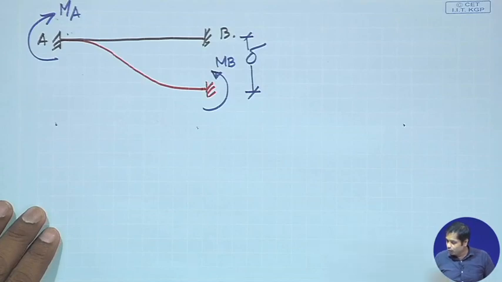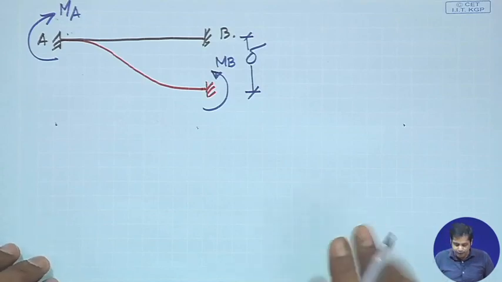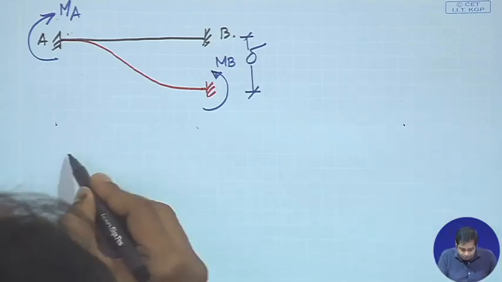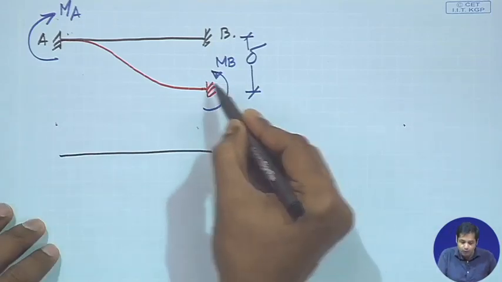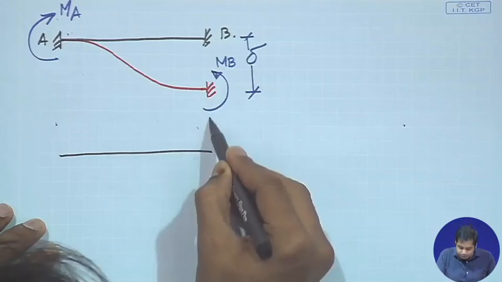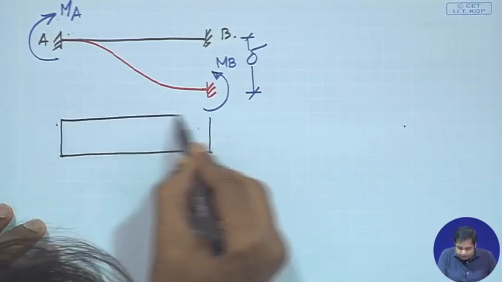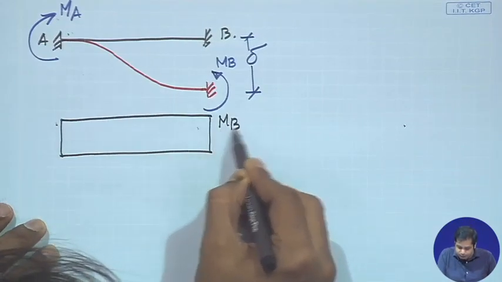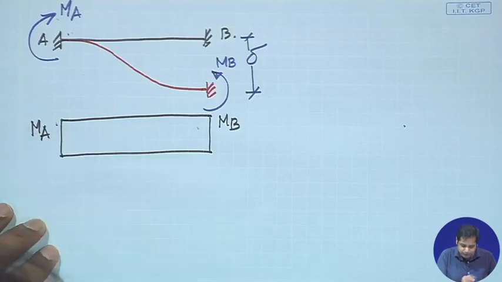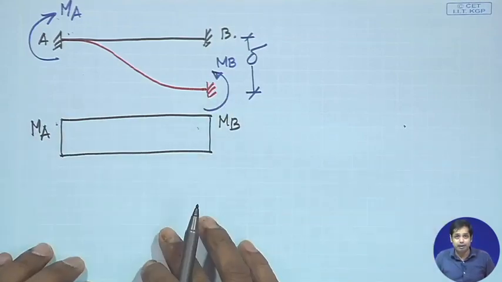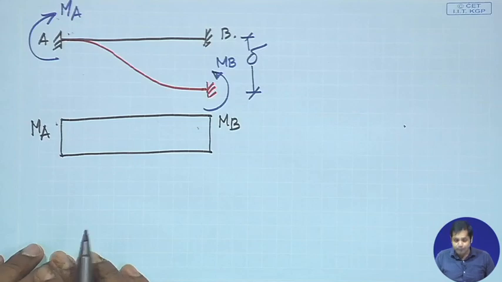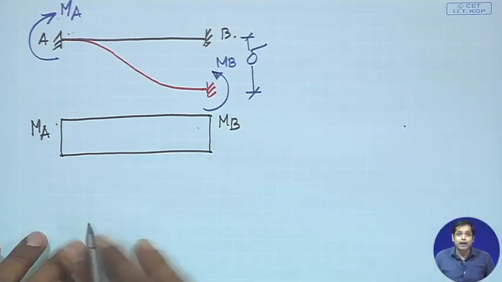So, then what would be the bending moment diagram? Again there is no other load in between, so the bending moment diagram will be like this. This is MB; whether MA and MB are the same or different, it is a trapezium, okay, MA and MB. Now, apply the moment area method.